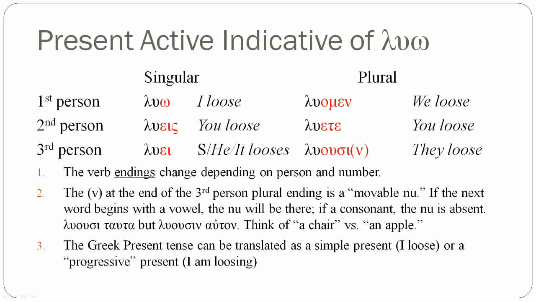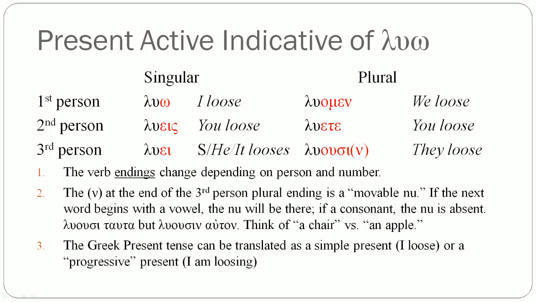For whatever reason, I don't know why they didn't do this with the other endings, but for some reason, that third-person plural ending, the Greeks apparently did not like to say luusi, and then follow that up with a vowel sound.